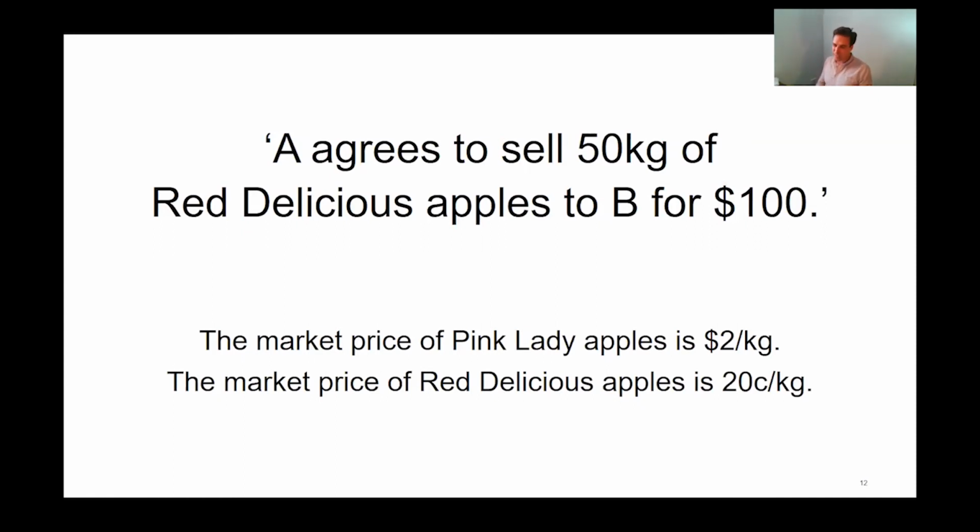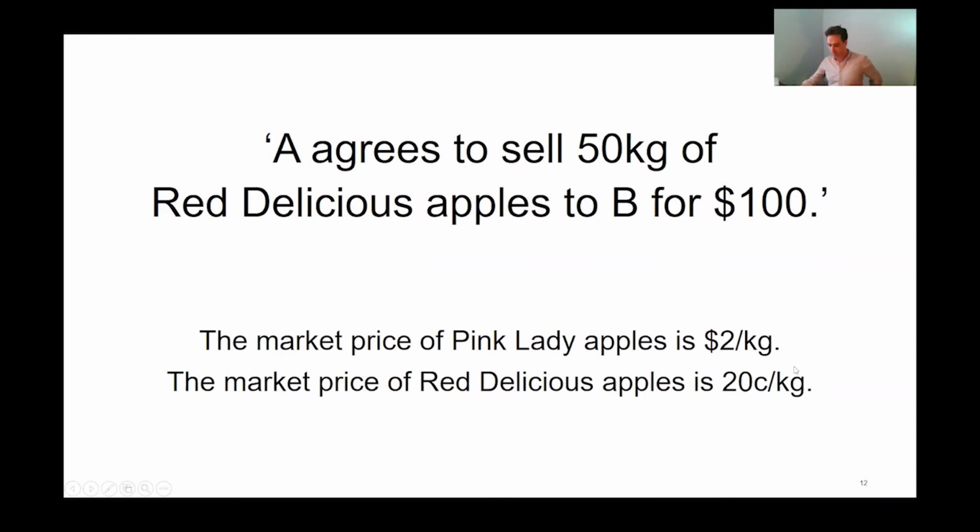Well, can Party B establish an obvious error here? Party B can point to two arguments that by using the term red delicious apples, the parties actually intended a sale of pink lady apples. Those two arguments are the contextual argument that the contract price matches the market price for pink lady apples at the time of formation, which is probably not enough, and there is also a consequentialist argument, an argument based on results.